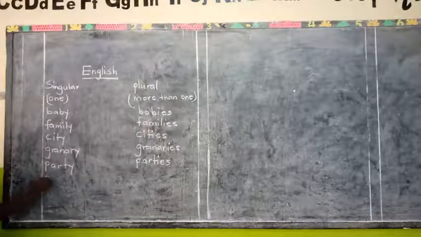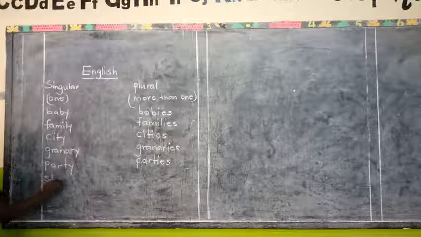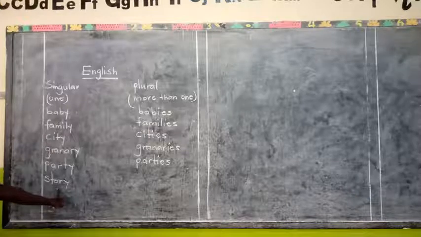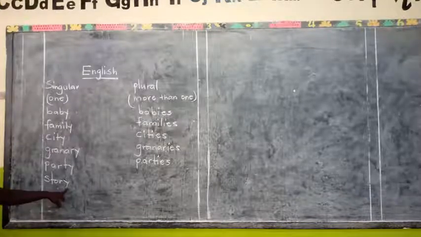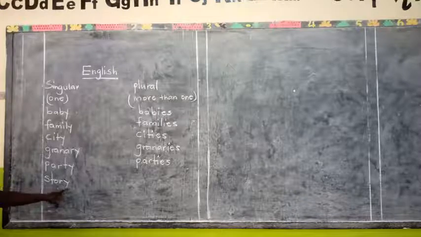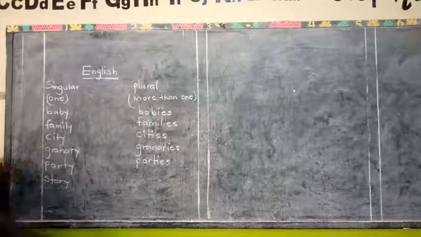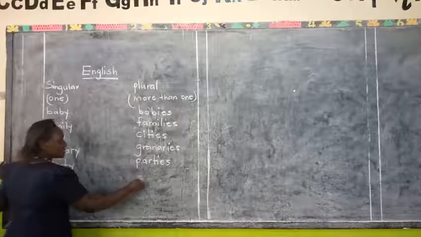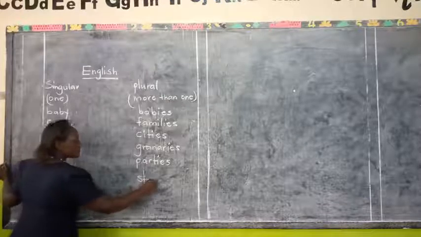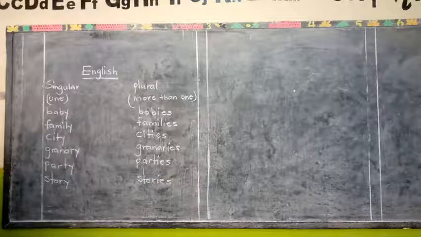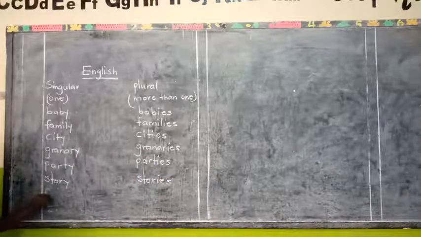We also have story. I read a storybook. She has many storybooks. Story, one story. What about when they are in a collection? We call them stories. We also have ferry.